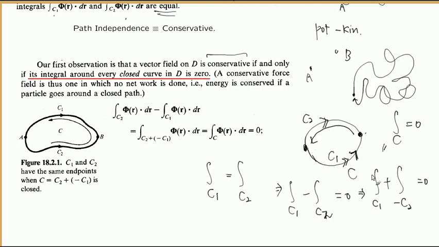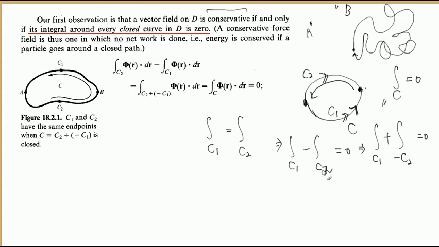And you can argue backward as well. If every closed curve integral is 0, if you go around like this, go around like that, you can turn it around and turn it into one closed curve, because all the closed curve integrals are 0. Every path is going to be the same. So you can argue in a different way. So it's an equivalent notion, which is algebraically very simple. Again, intuitively you have to think about it a little bit.